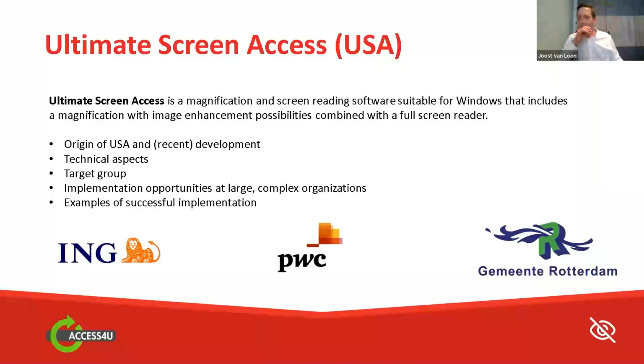We saw that we could connect the magnification possibilities of ZoomText to the focus of NVDA. So we made an add-on, and we called it the first version of USA. Then we could connect ZoomText with NVDA. For example, if you use the browse mode of NVDA on the internet, then the magnification will follow.